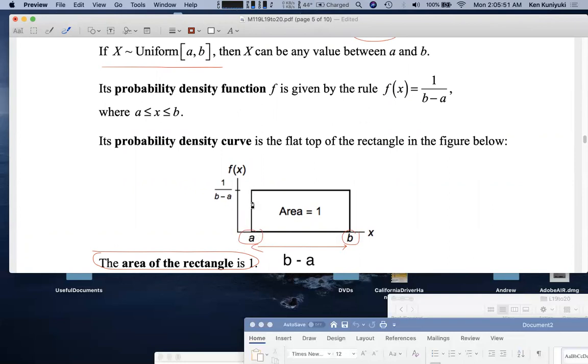The height of this rectangle is given by 1 over B minus A, the reciprocal. The reason being that we need this times this over here, that product, to equal 1. So the height of this flat top, the density function, must be given by this value over here, the reciprocal of the width.